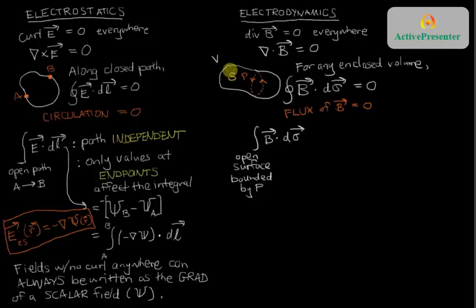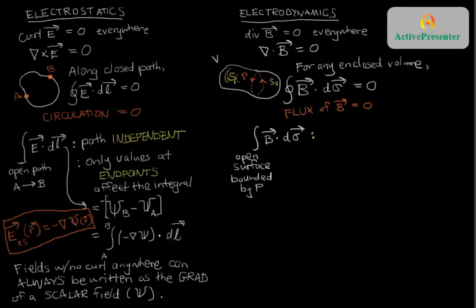I could consider this surface here, and this surface here. I'll call them S2 and S1. These are on opposite sides of this edge. But these are just two soap bubbles I could blow along this wire. I could blow any other soap bubble I want. So any surface bounded by that path P could be an open surface for which I could calculate this flux integral.